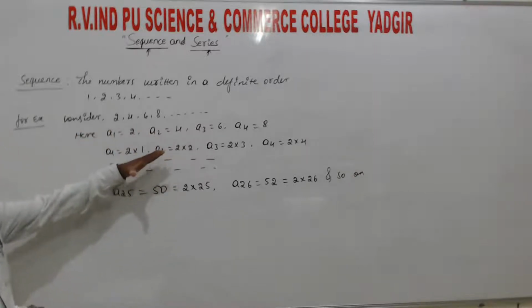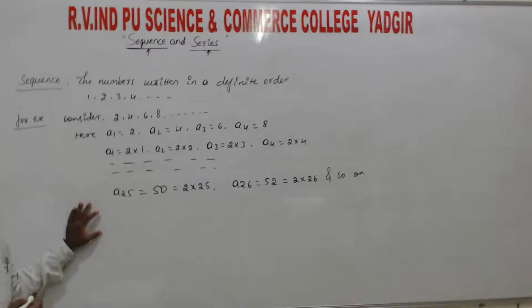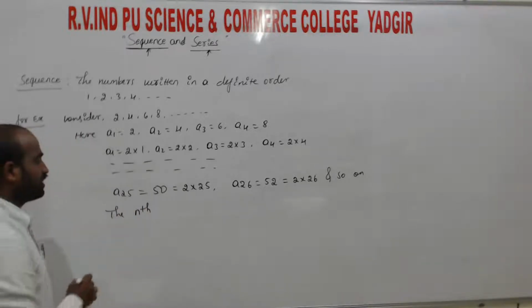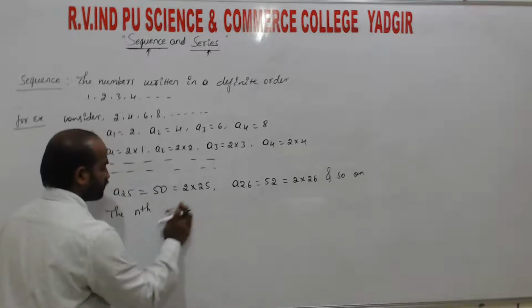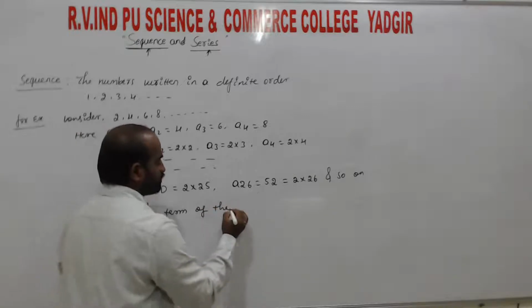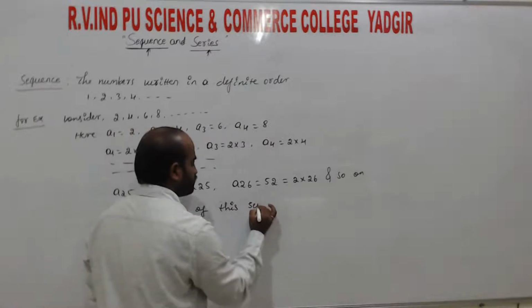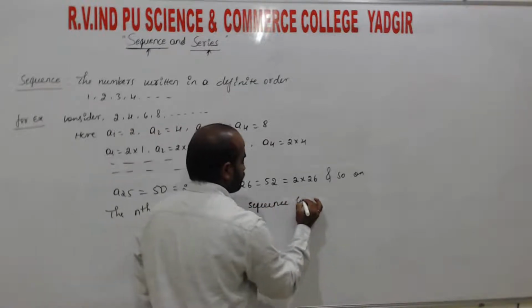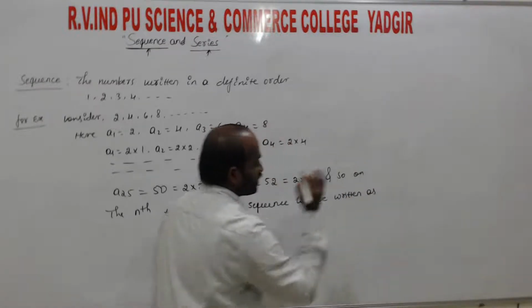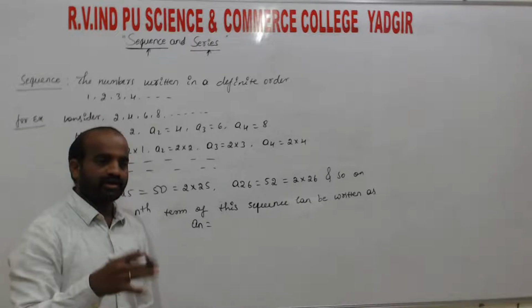We see that the nth term of this sequence can be written as an. The nth term is denoted by An or xn or fn.